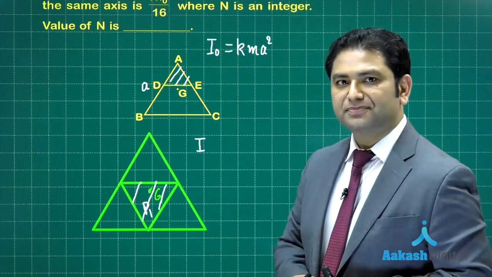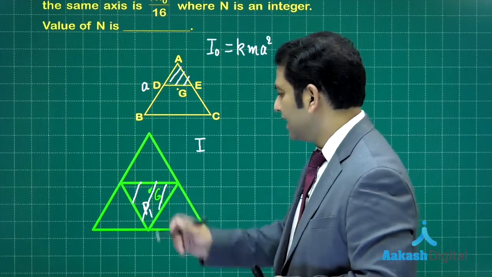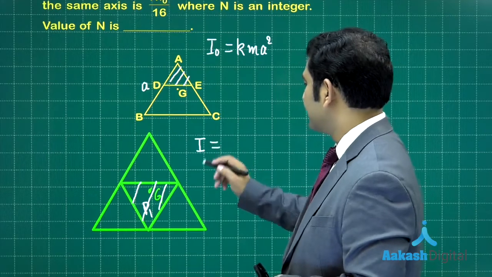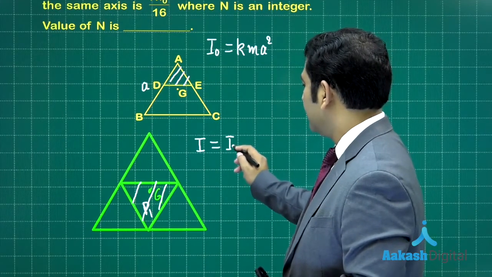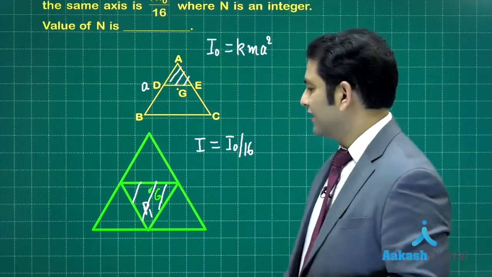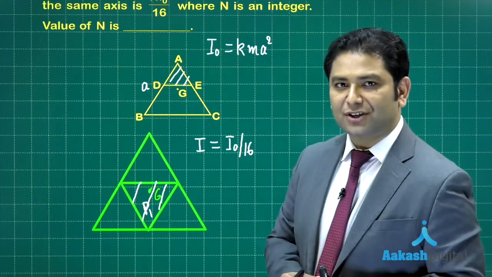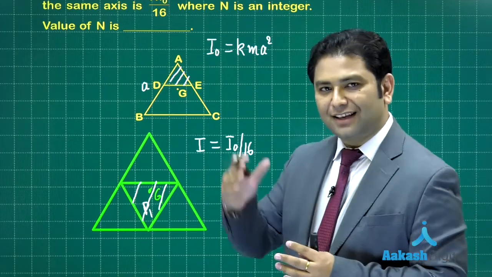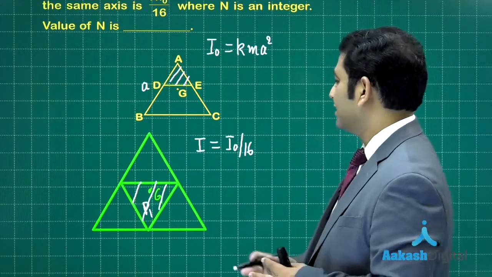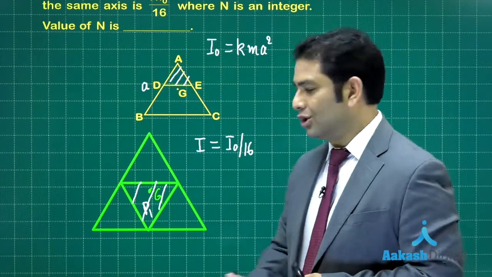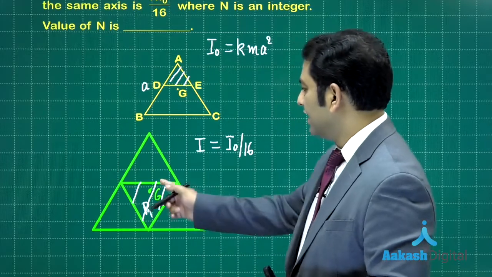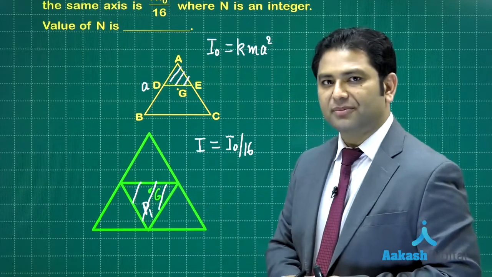Let's try to see. For this plate P1, the moment of inertia is going to be I naught divided by 16. And why 16? Because the mass has gone to 1/4 and the length has gone to 1/2, so quite obviously the moment of inertia will be I naught by 16. Whose is it? The moment of inertia of the central one about this point G.